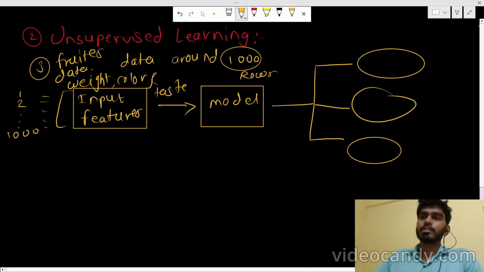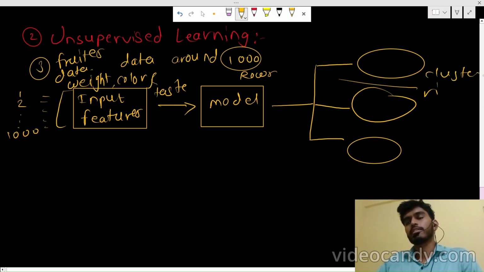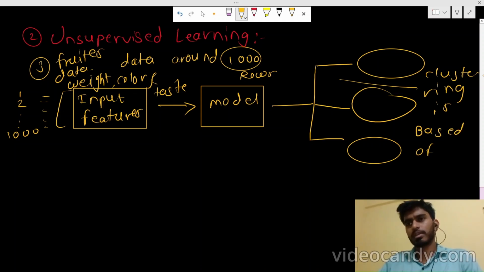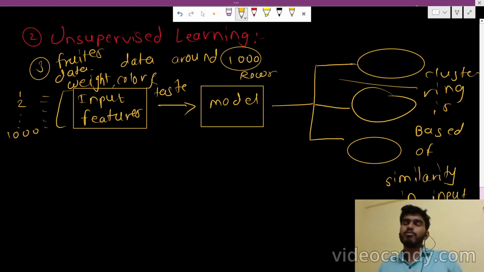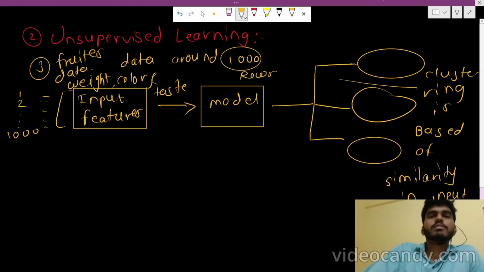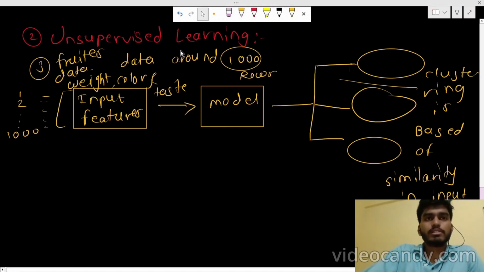The clustering is based on similarity in input features, separating out the data by understanding the similarities in the data points. So this is the basic concept behind unsupervised learning.